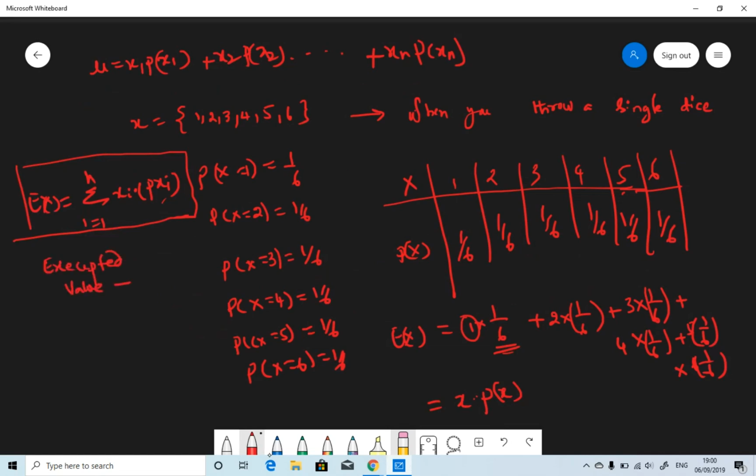Why this is important we will see. First try to understand. Hope this is clear. If you are clear on the expected value, just type it.